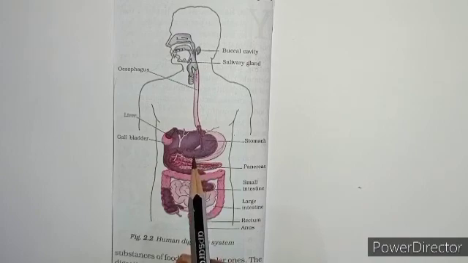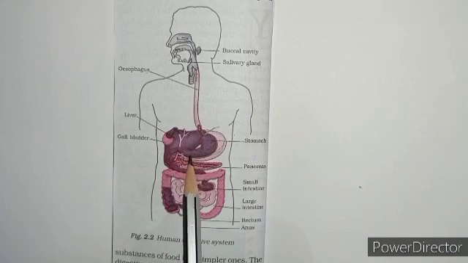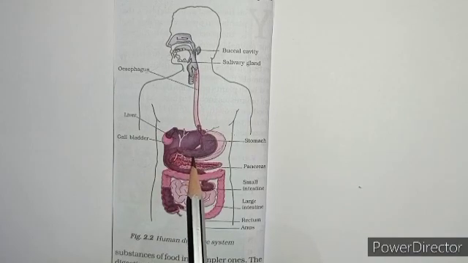The acid kills the many bacteria that enter along with the food, and it makes the medium in the stomach acidic and helps the digestive juices to act. The digestive juices break down the proteins into simple substances here in the stomach.